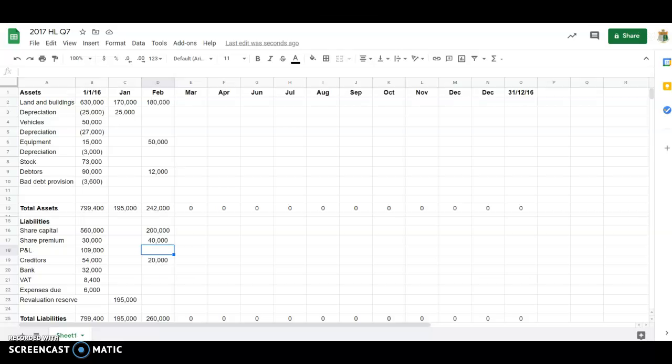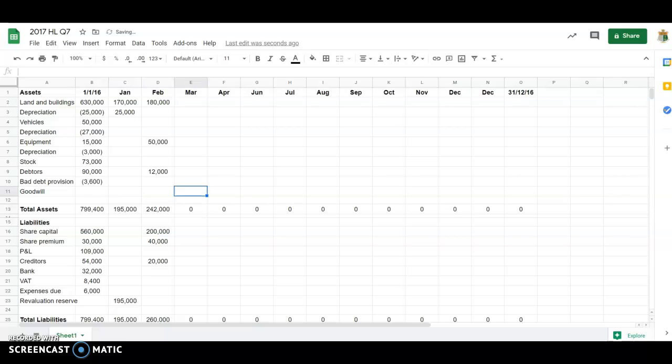But what you'll notice is your assets add to 242, your liabilities add to 260. So there is a difference there of 18,000 euro, and that is what we call goodwill. So we're going to add in a new asset called goodwill. That's an intangible fixed asset. Okay, so you will have seen it in final accounts questions.